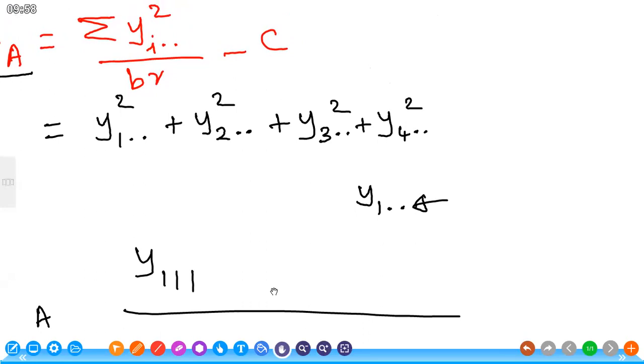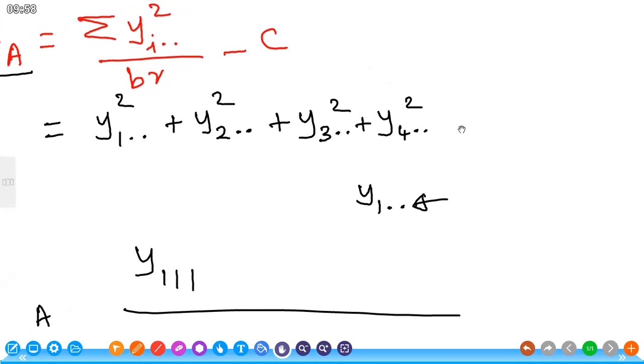Now tell me, how many levels do we have in factor A? 4 levels. That is why I have given here up to 4, because I didn't go beyond that.